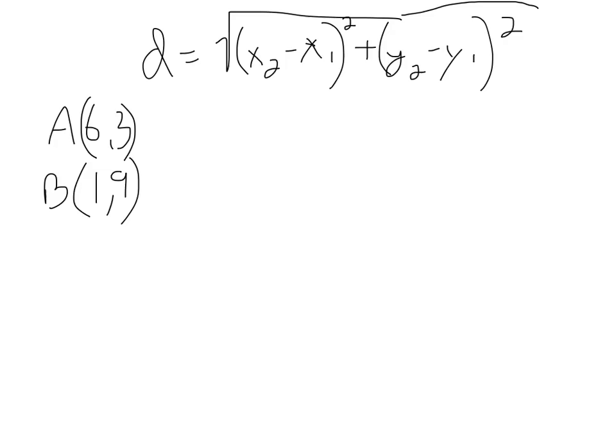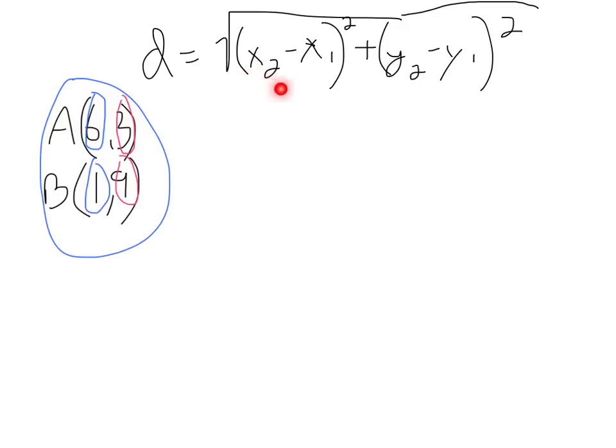So if you're given a set of points, here's the distance formula, we're going to apply it. If you're given these points A and B on a graph, we have our first x value and our second x value, and our first y value and our second y value, correct? So we have x1, x2, y1, y2. I can substitute those into the distance formula.